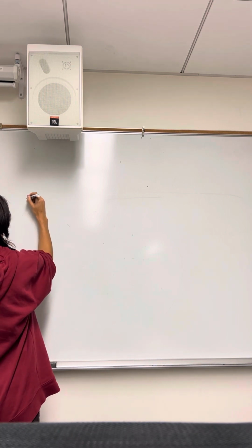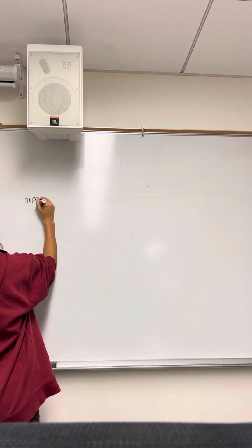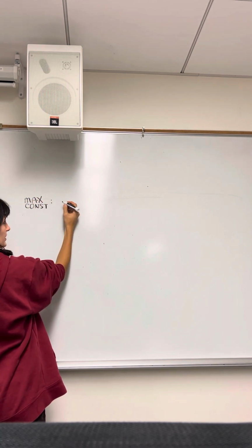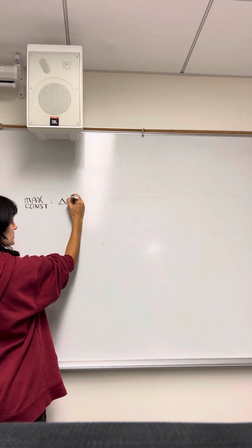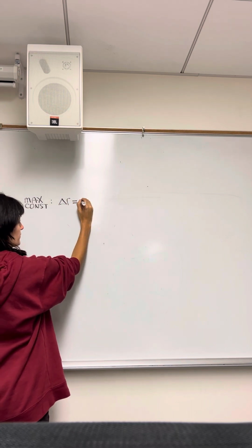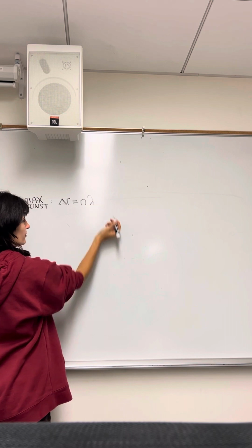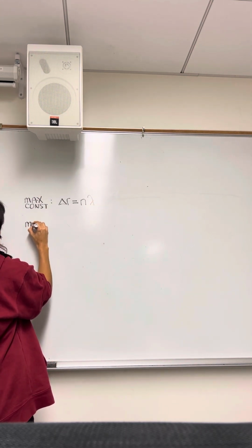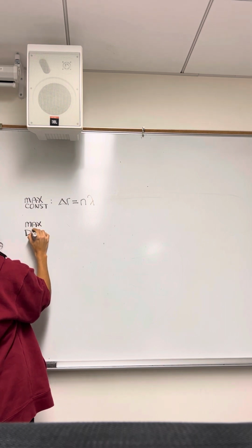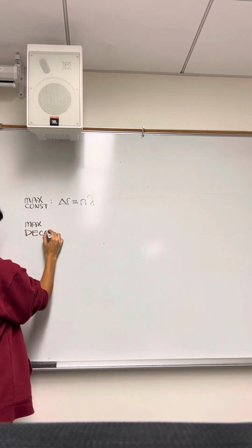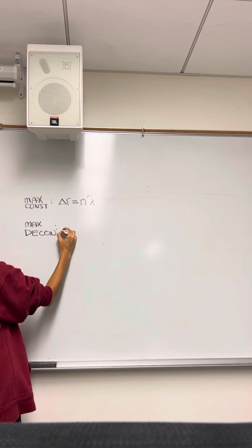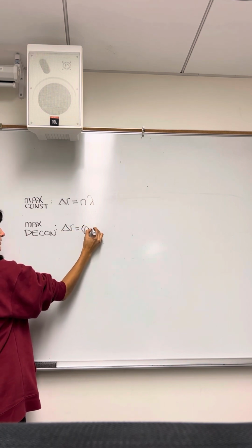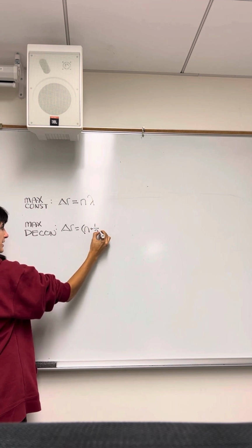So for max constructive, you ended up getting that you needed a path length difference equal to an integer value of wavelength. For max destructive, you need a path length difference equal to your wavelength times an integer plus 1/2.